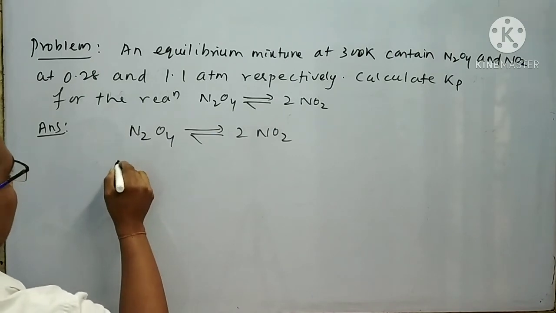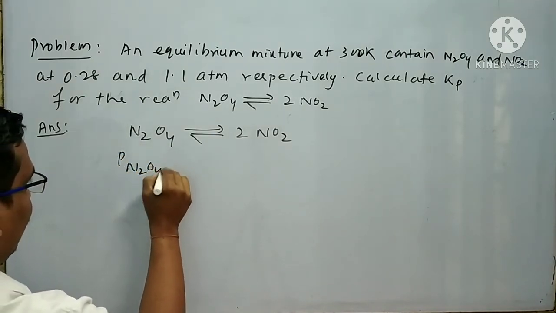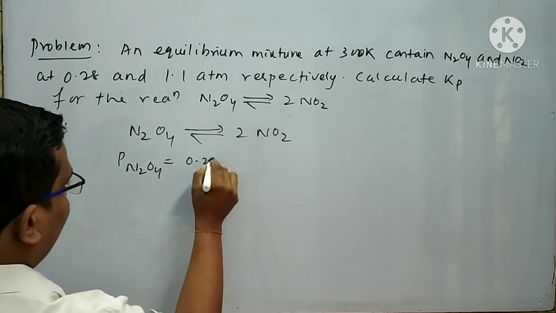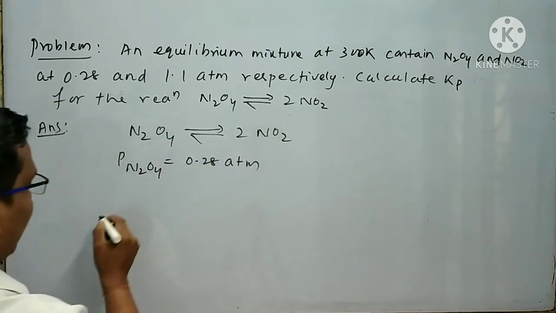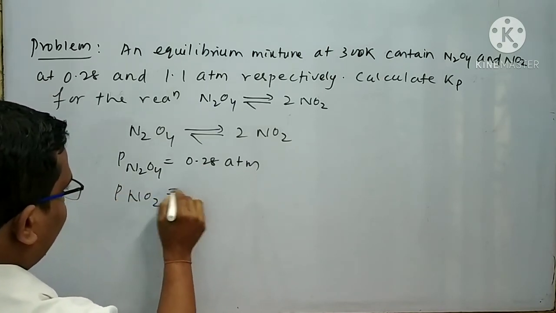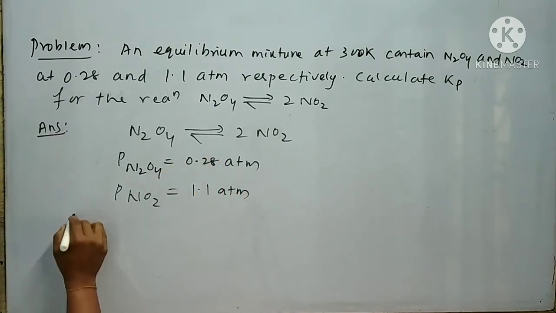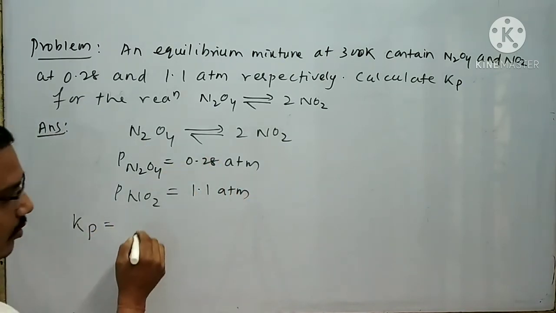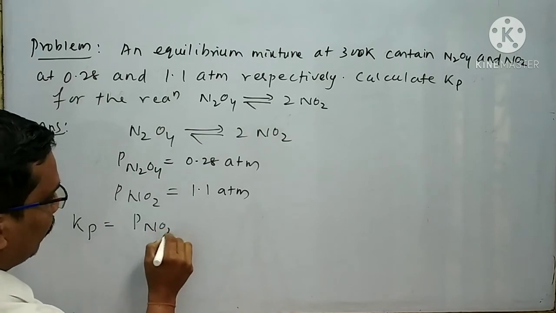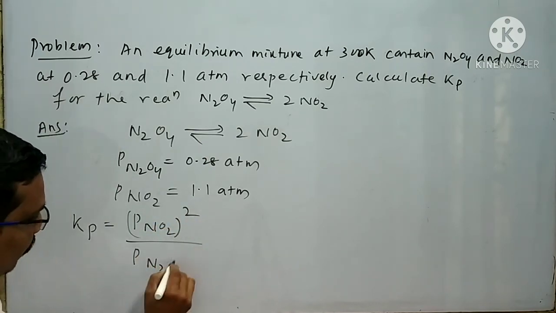Here the partial pressure of N2O4 is given, that is 0.28, and the partial pressure of NO2 is also given, that is 1.1 atm. For this reaction I can write Kp is equal to PNO2 power 2 divided by PN2O4.